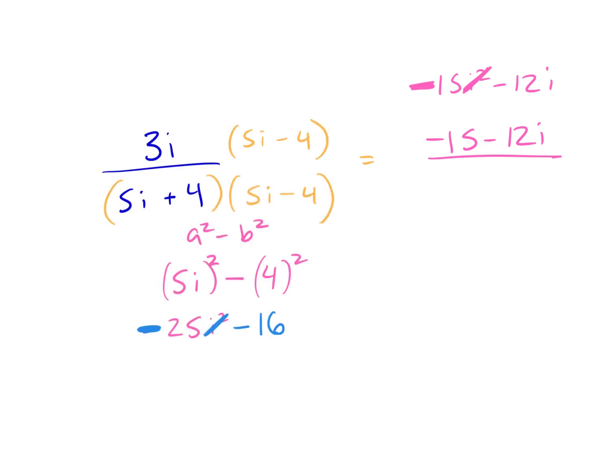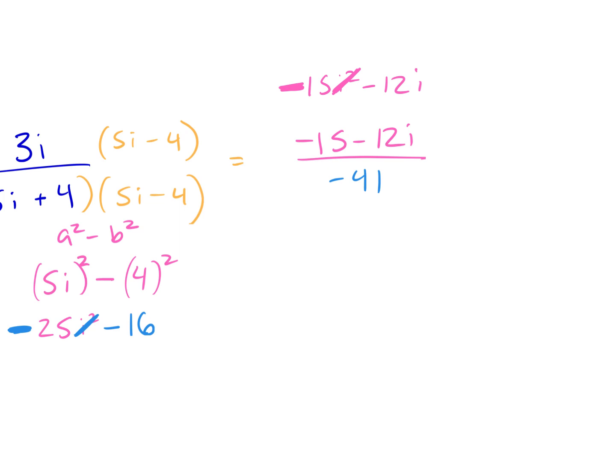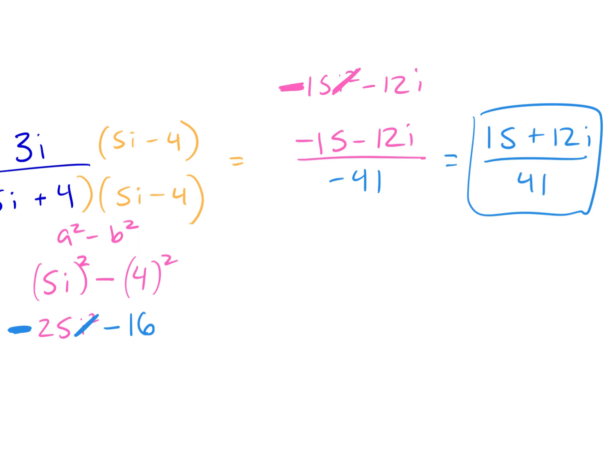Negative 25 minus 16, negative 41. Now we can simplify this one a little bit just because all three signs are negative, so we can make them all positive. So it'd be 15 plus 12i over positive 41. I divided all three of my terms here by negative 1, just to flip the signs. Because what's a negative divided by a negative? Positive.